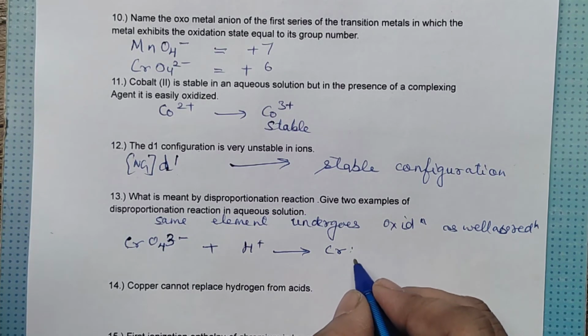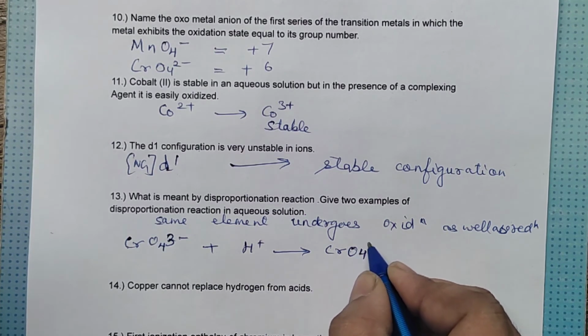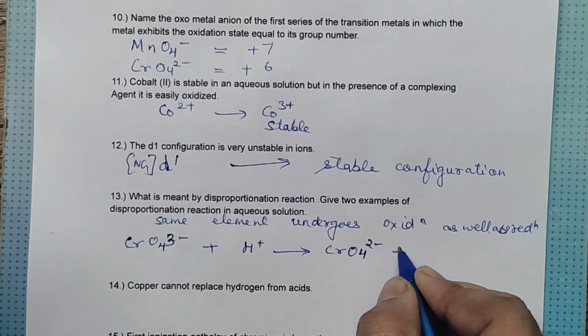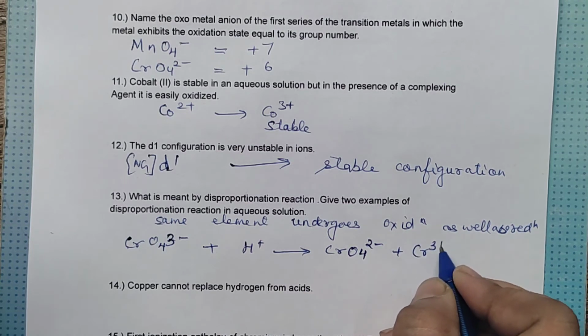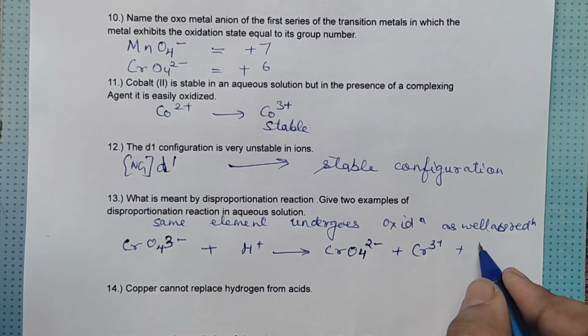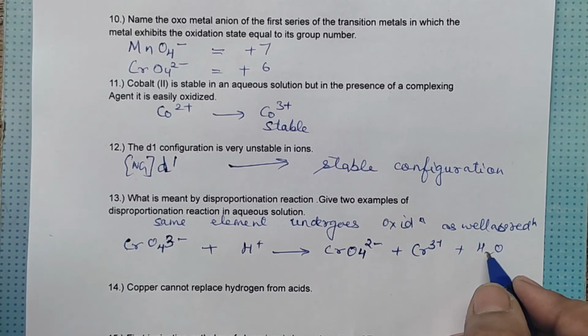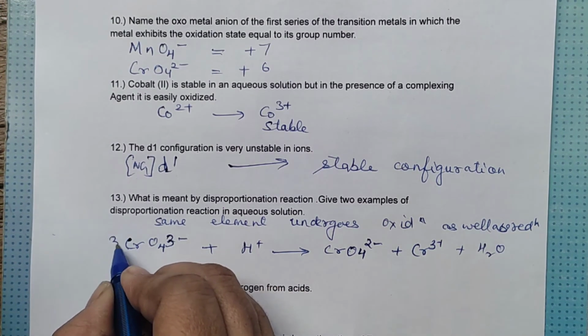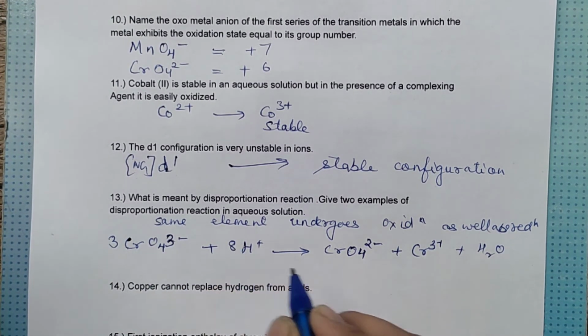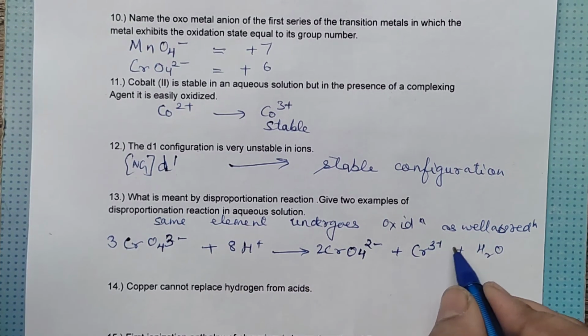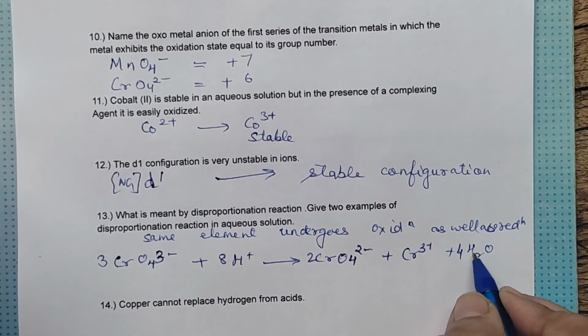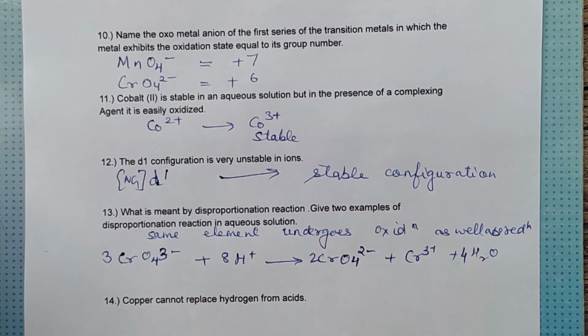It results in the formation of CrO4 2 minus plus Cr 3 plus plus water. Okay, you can balance the equation. This would be 3, this would be 8, this is 2 and 4, and 4. So this is the complete equation you're going to write.